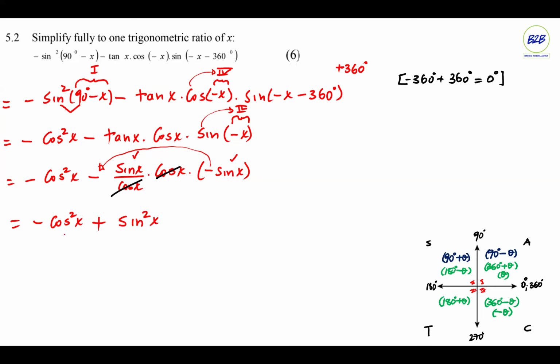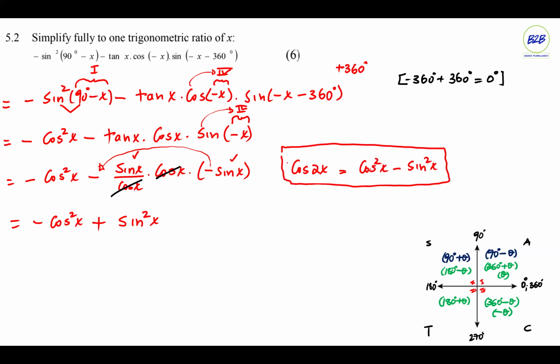Now we see this looks like a double angle, of course. But the double angle is always in this nature. Cos 2x is equal to cos squared x minus sine squared x. That is the double angle.